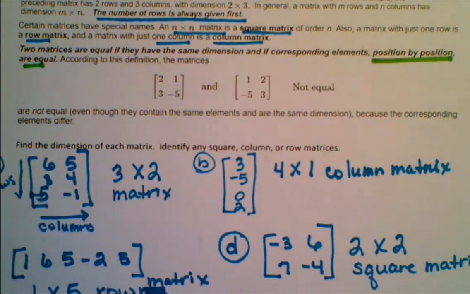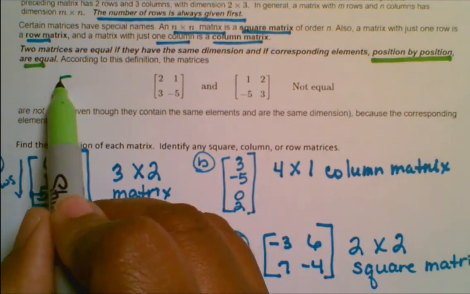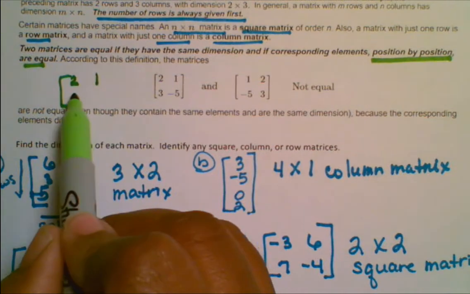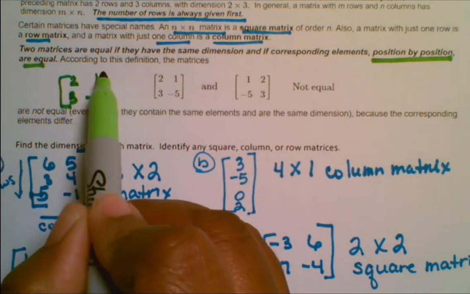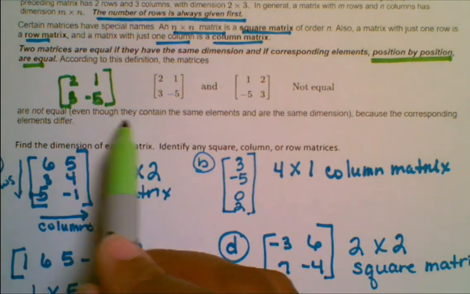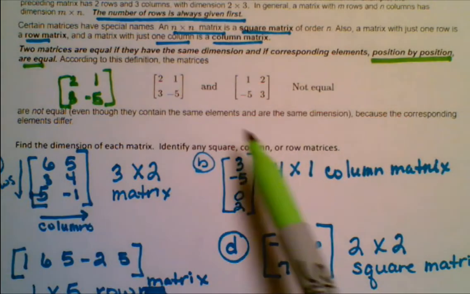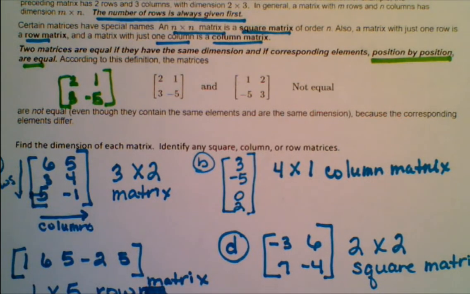If the elements and their positions were exactly the same, then they would be equal matrices, but they're not. So the matrices are not equal even though they contain the same elements and are the same dimension, because the corresponding elements differ.